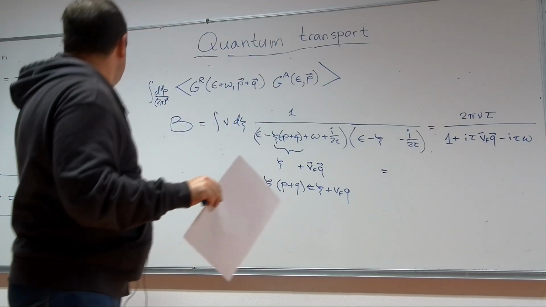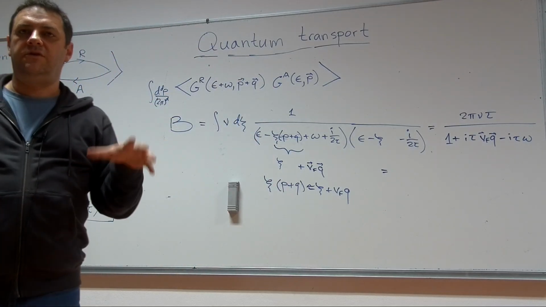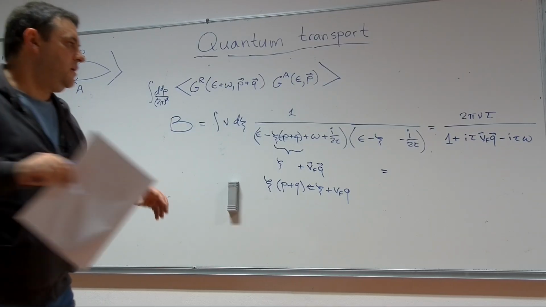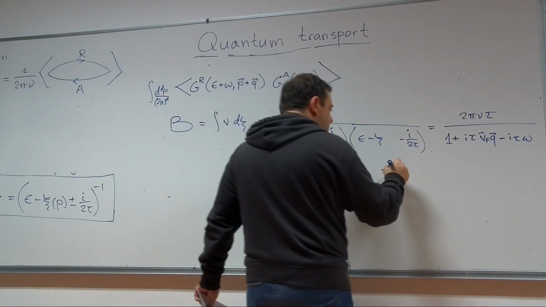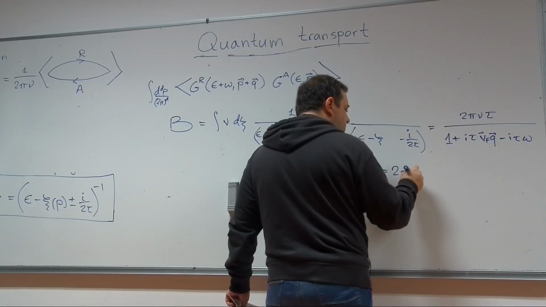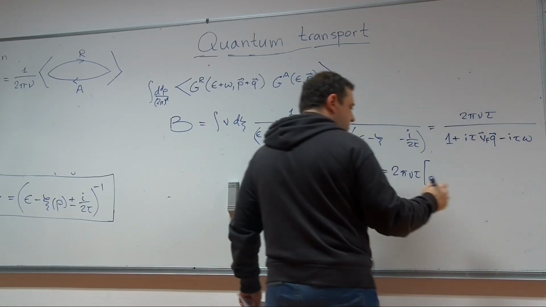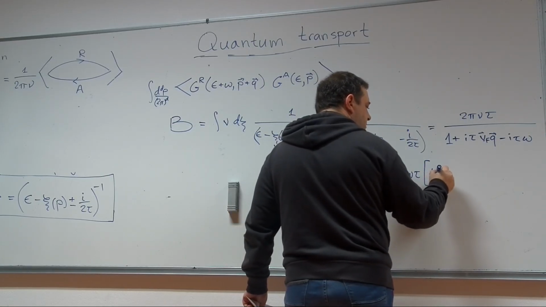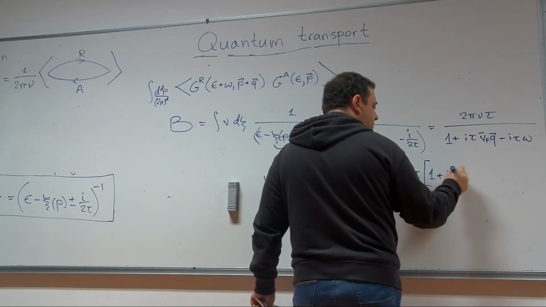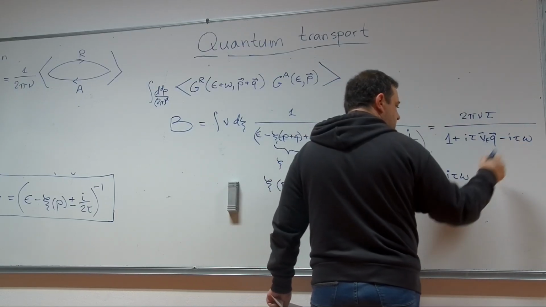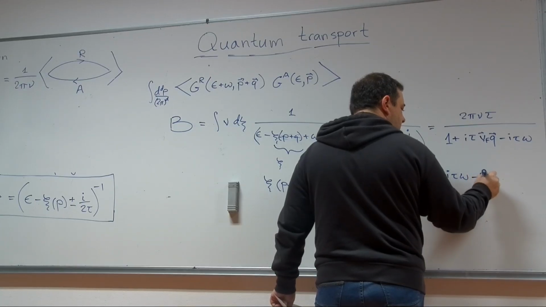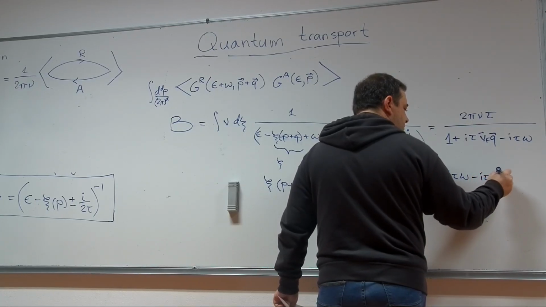We consider this at some low frequency and low momentum, and this will be approximately equal to 2 pi nu tau. I can expand in series: 1 plus i tau omega, minus i tau V Fermi Q.